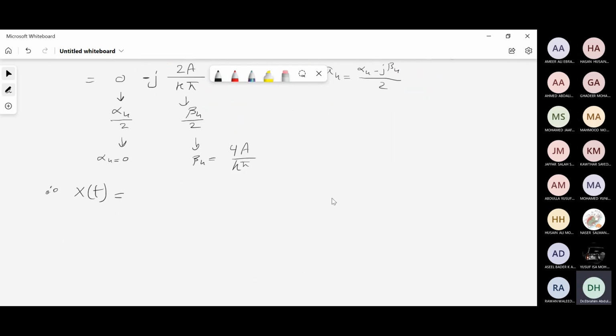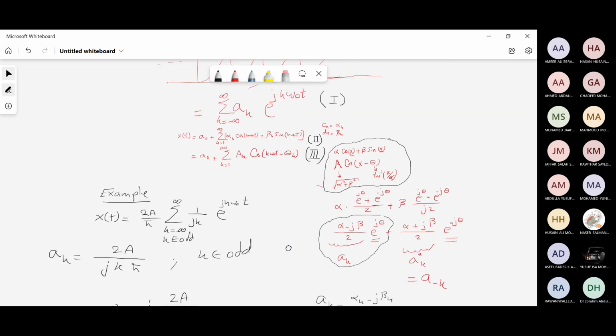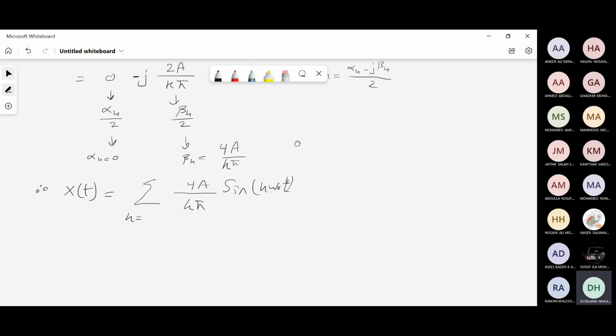So then x of t is equal to summation of beta, 4a divided by k pi, sine k omega naught t. For form number 2, it's not from minus infinity to infinity, it is k from 1 to infinity.